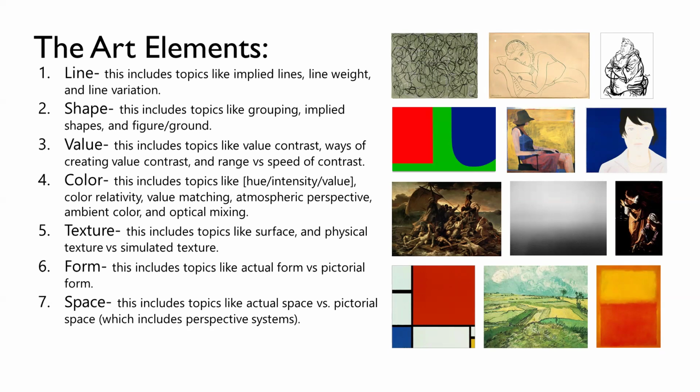Like simply telling someone line is an art element and that almost all art uses line is kind of a well, duh kind of statement, right? That should not be a revelation to any thinking person.